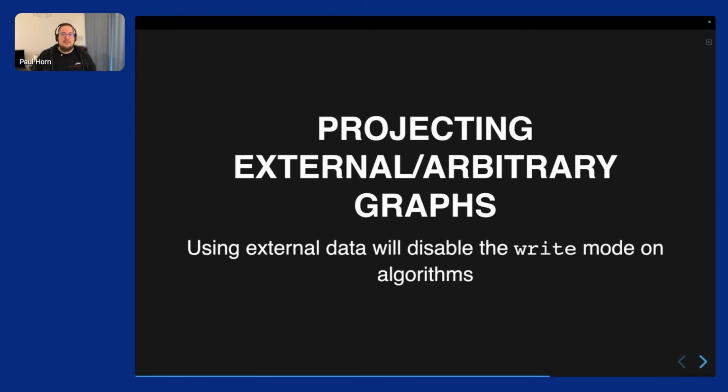Since the data is likely not coming from Neo4j, but from somewhere else, it doesn't make sense to allow you to write to some Neo4j nodes. So we're just going to block all the write execution modes for these kinds of graphs. You can use other ways to get the data: there's stream node properties, and you can export the graph into a new Neo4j database. All that is fine. It is just for arbitrary IDs that we disabled the direct write back.